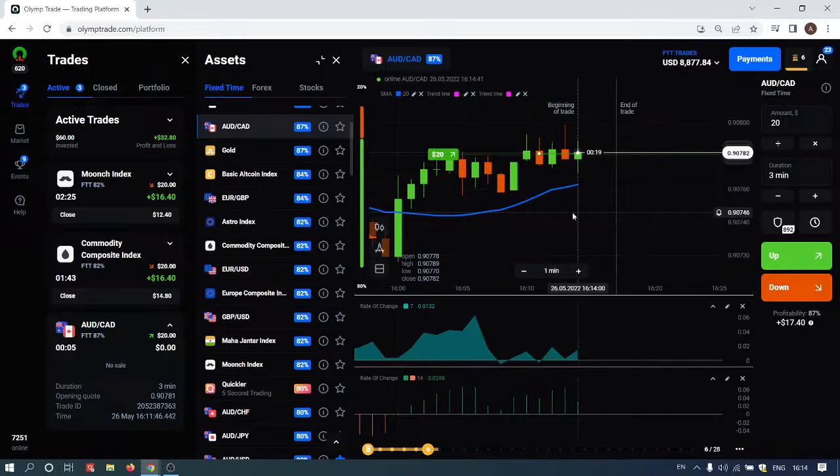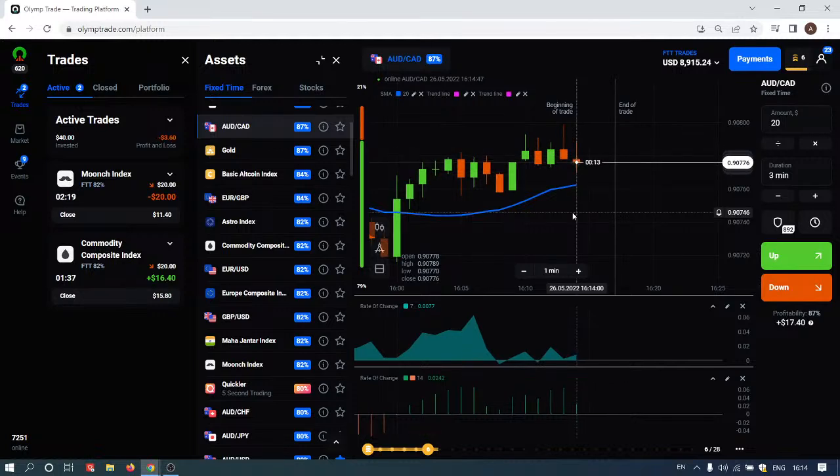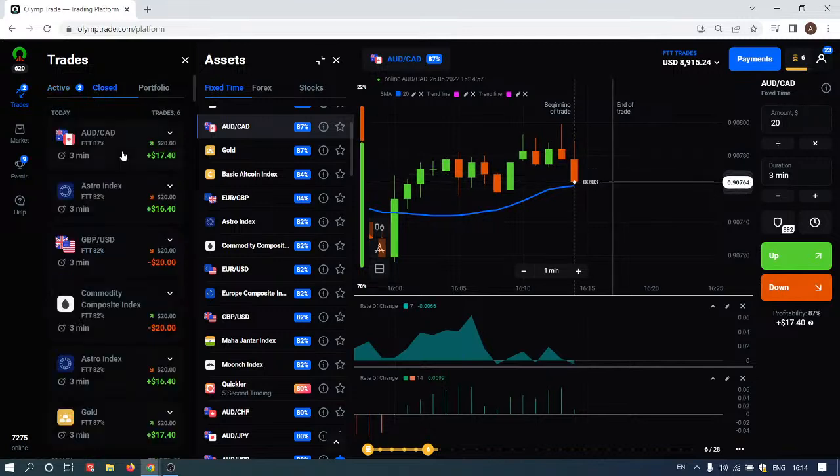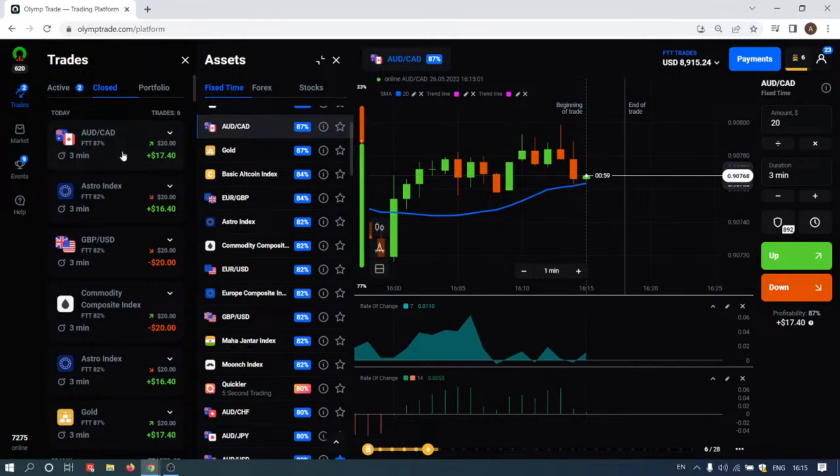But unfortunately, before you make a trade and before this trade completes, there is almost no way to tell whether it's going to be a winning trade or a losing trade. So before I started my trading session, I cannot say that this trading session is going to be a profitable one, or that I'm going to lose some money.